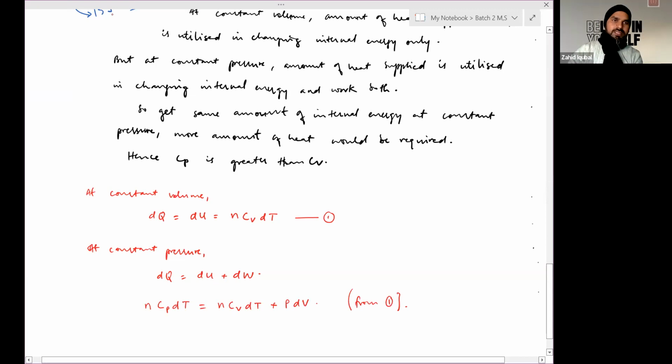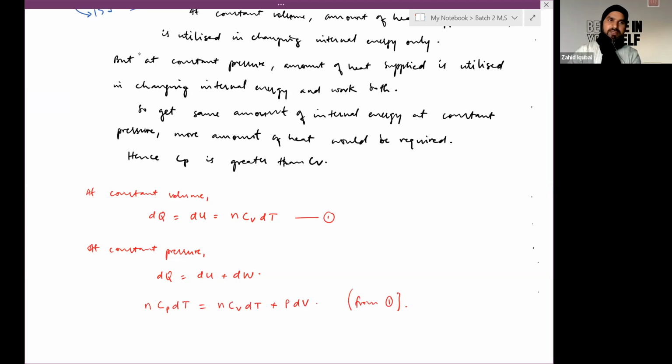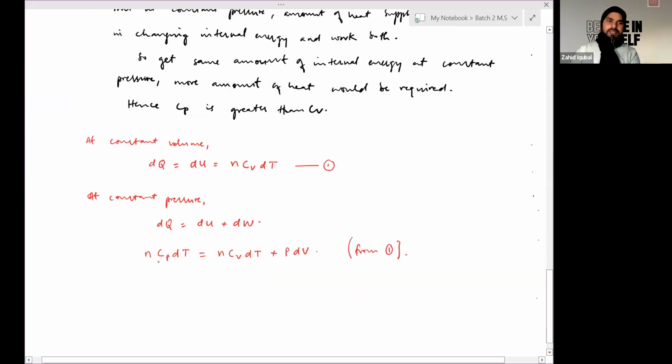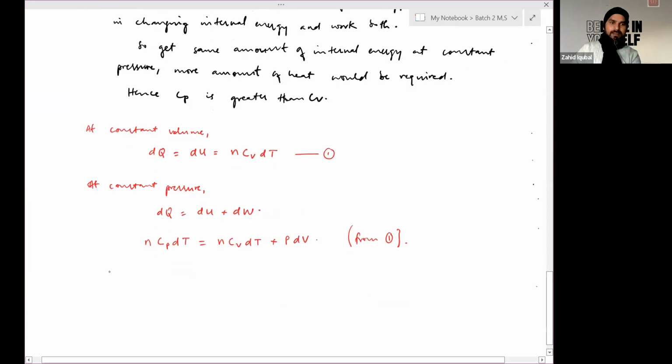Now, let me convert this PV in terms of temperature. So you can say, using ideal gas equation, PV is equal to nRT.